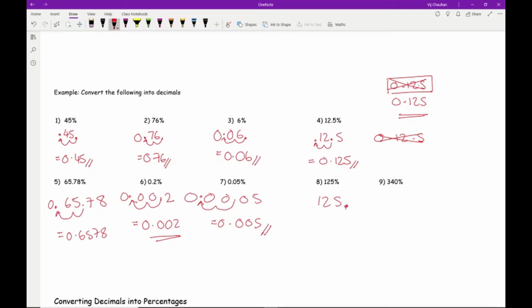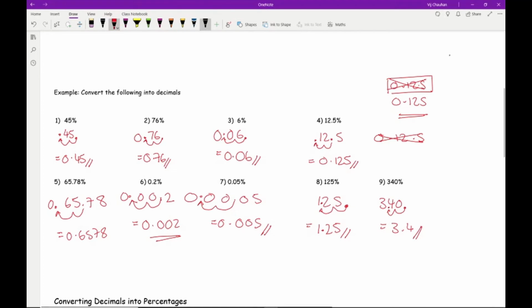Well, it's here. I'm going to move it 2 places. So the conversion of 125% doesn't involve any zeros at all. It's just 1.25. And likewise with 340%, the decimal point's at the end, so I'm going to move it 2 places, so it's between the 3 and the 4, giving me a final answer of 3.4.